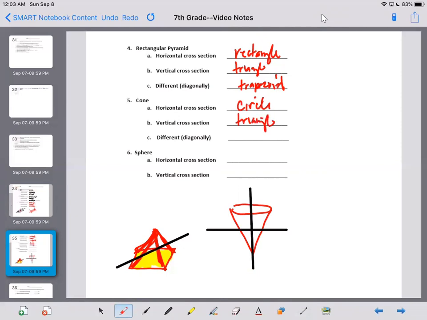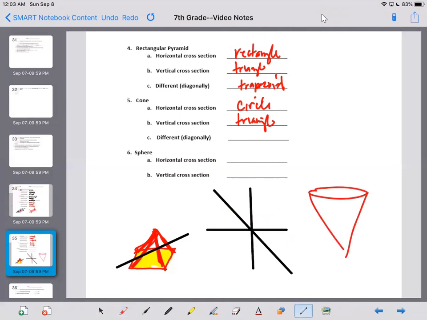And then a different type of slice, and this is the neat one that students won't see for a while, is when you take a cone and you cut it at different sections, you're creating different figures like your parabola or a circle or an ellipse or a hyperbola.